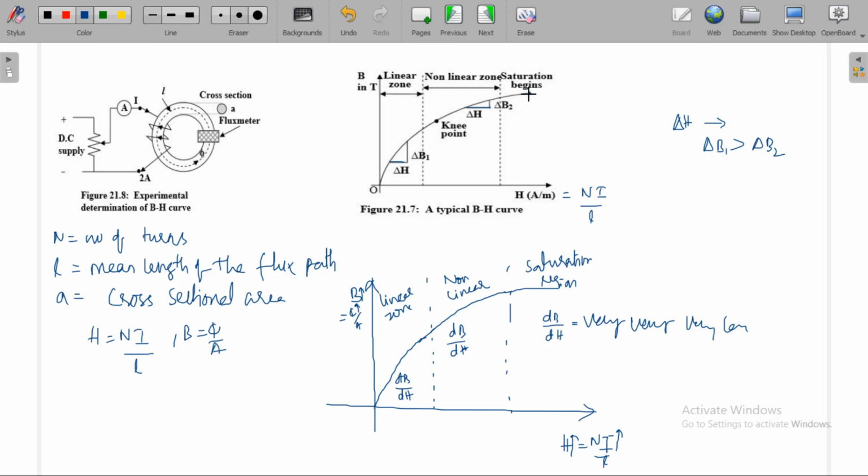At this point we can say it is the saturation point. The material is saturated at this point, which means even though you try to increase H, if you increase the current more, this B will not increase.